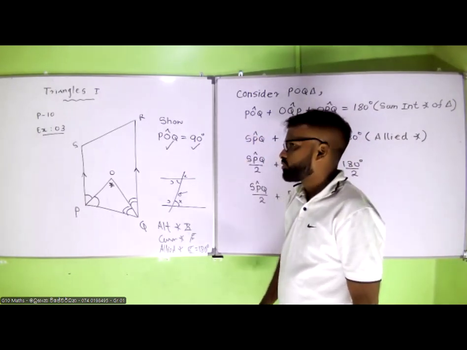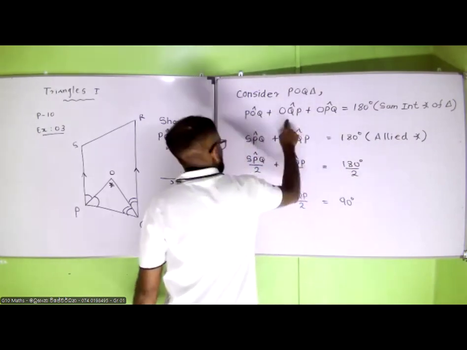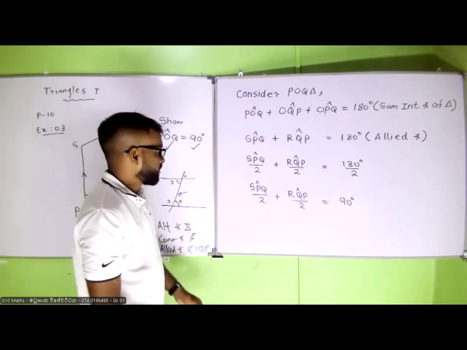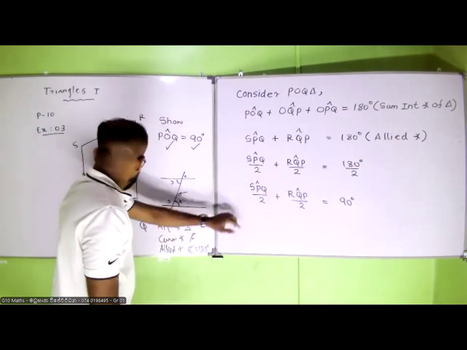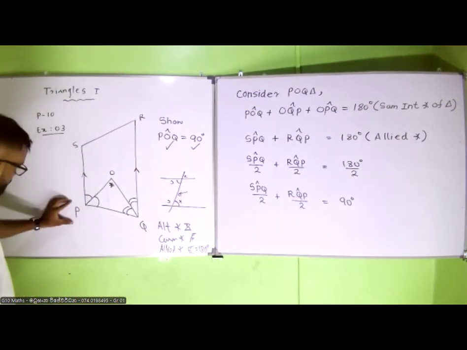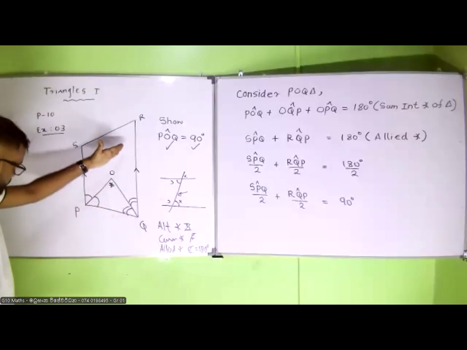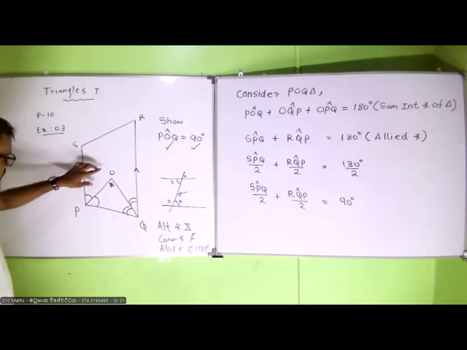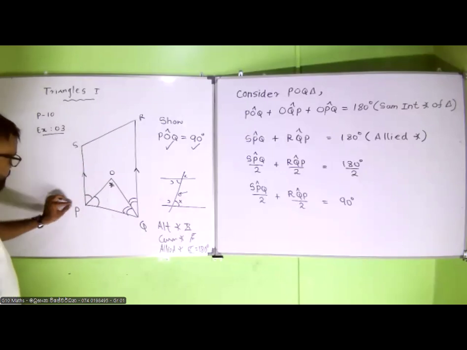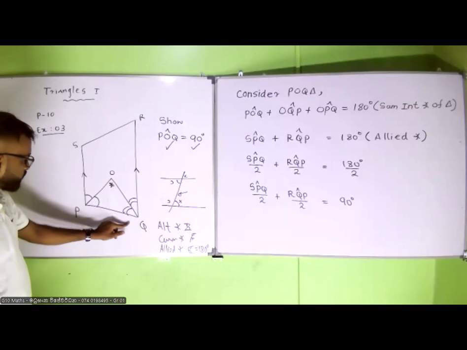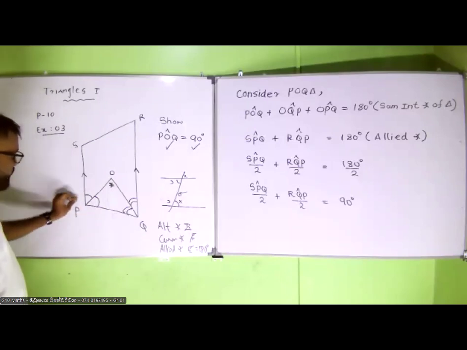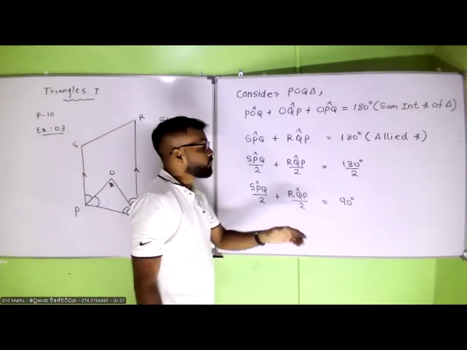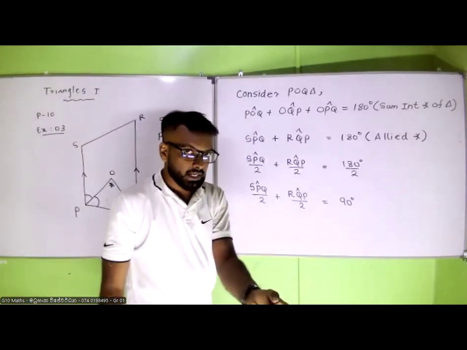So how am I going to make this part and this part equal to 90? Important point. SPQ divided by 2. What is the angle I can substitute? I can substitute SPO or OPQ, one of them, but it should be related.